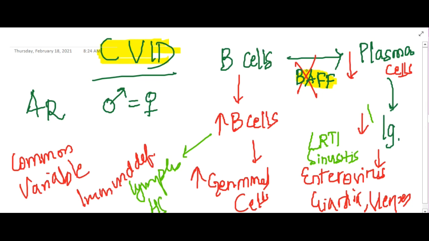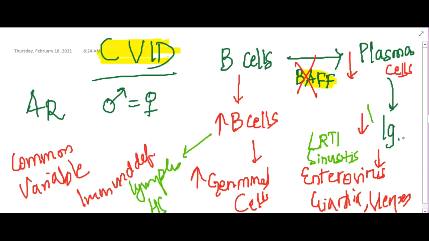B cells to plasma cells conversion requires the protein BAFF, but because of the mutation in the BAFF gene, B cells cannot be converted to plasma cells. As a result, these B cells accumulate in the germinal centers, and you will also see lymphadenopathy and hepatosplenomegaly, whereas plasma cells are decreased, and this decrease in plasma cells decreases the immunoglobulins.